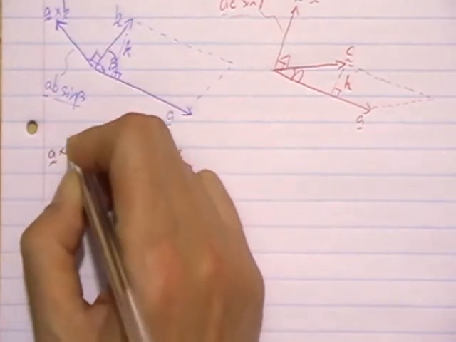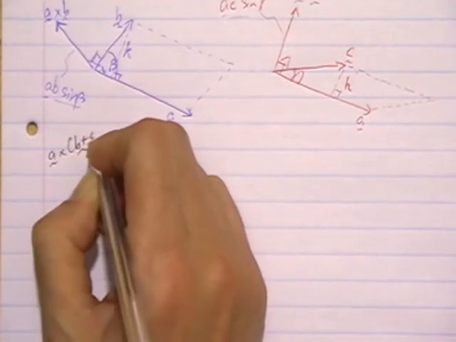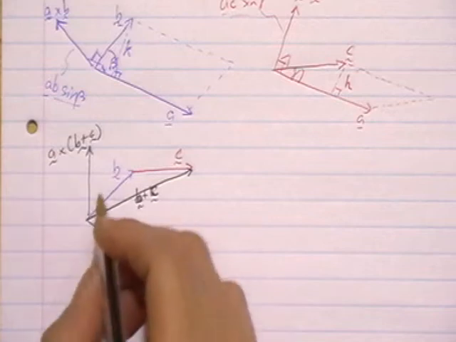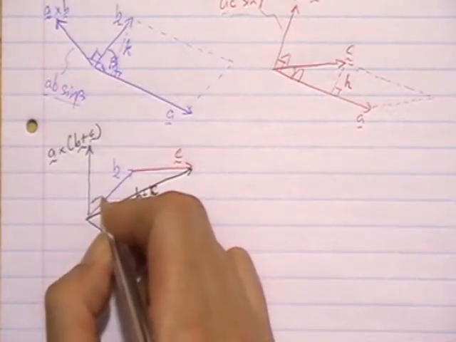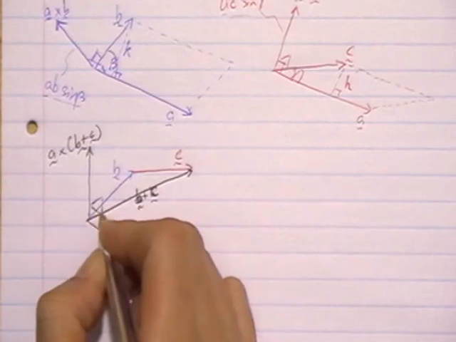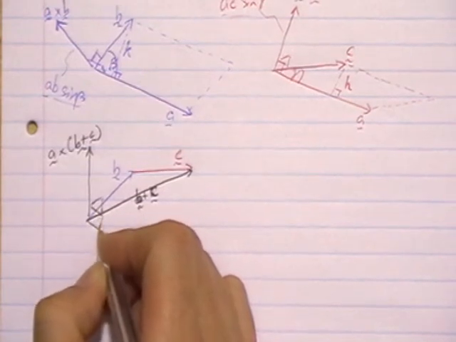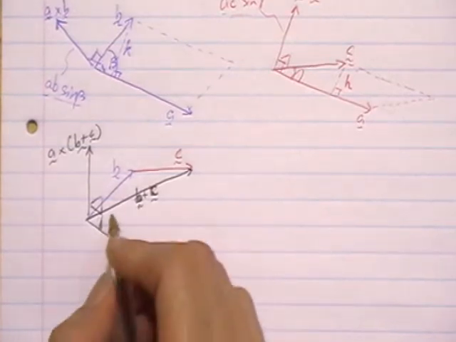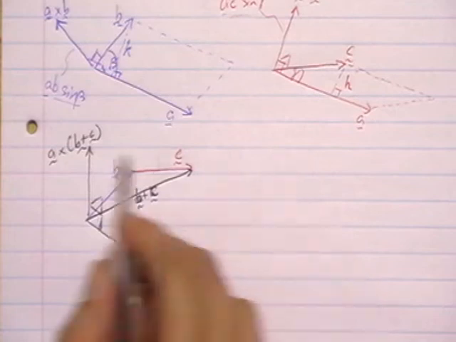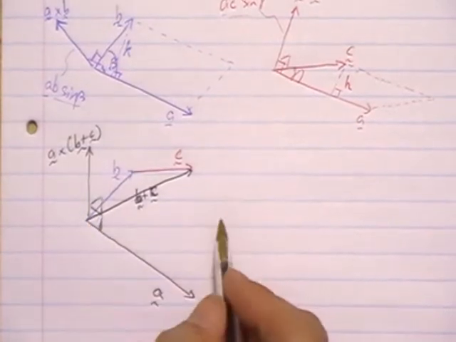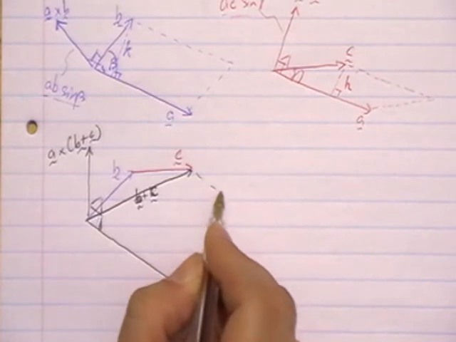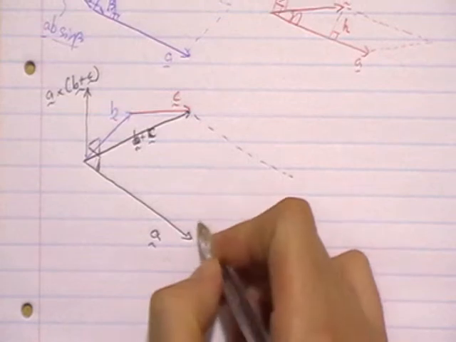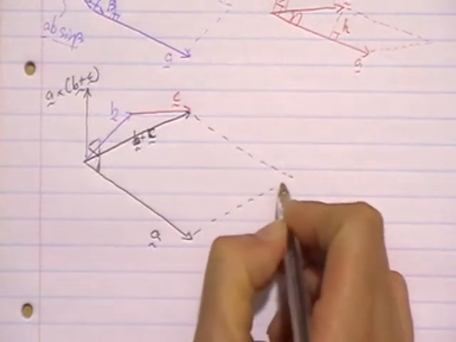A cross B plus C, where this is perpendicular both to B plus C and to A. And as before, the magnitude of the cross product should be equal to the area of this parallelogram.